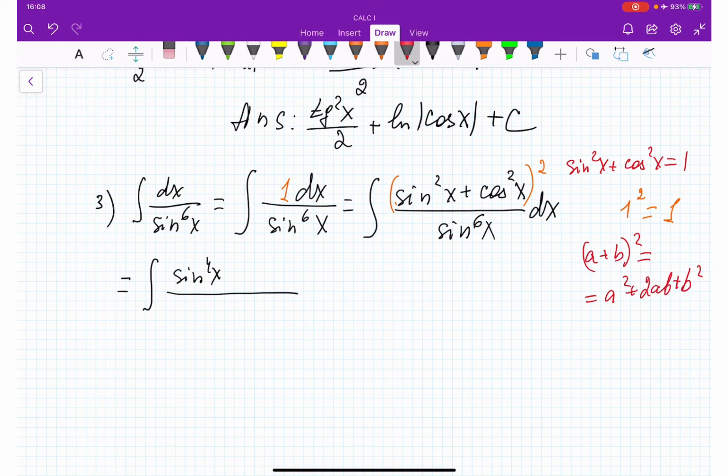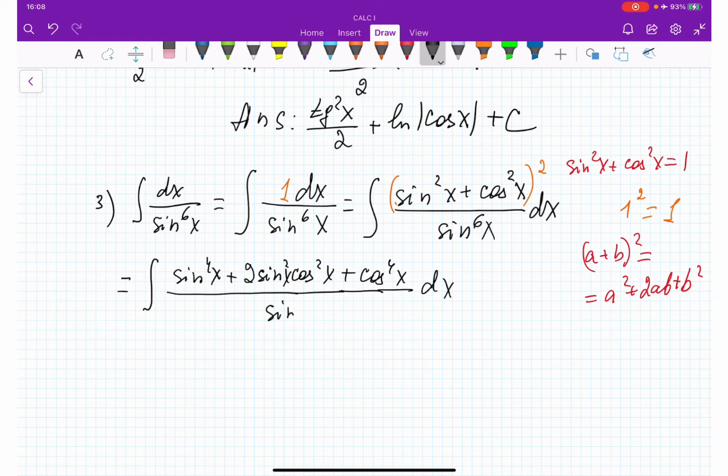So it's going to be sine degree 4 plus 2 sine squared cosine squared, look how nicely it's coming out, plus cosine degree 4x dx.